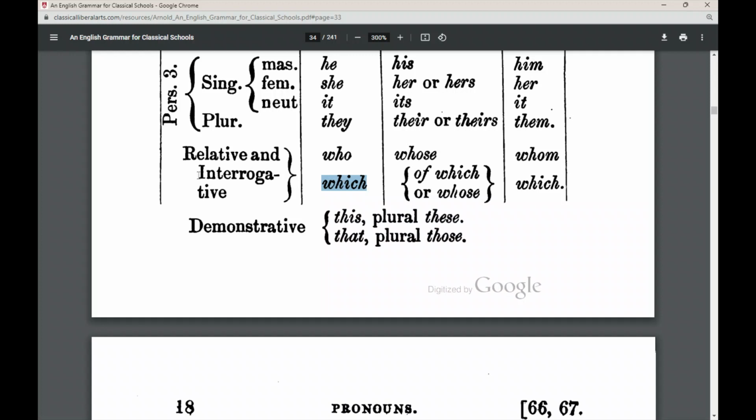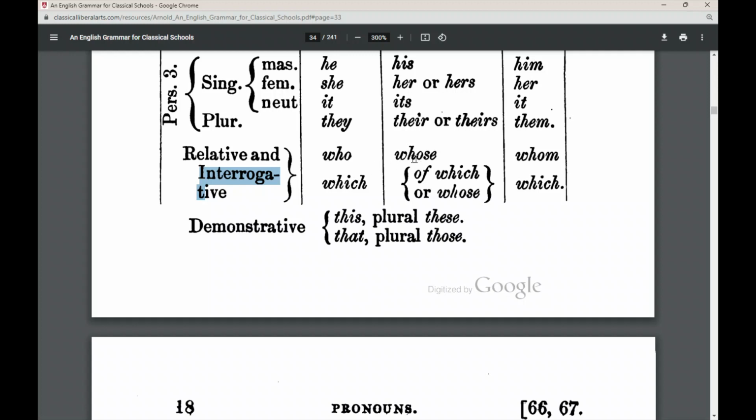And interrogative means asking a question. And so these words would be used with a question mark to ask a question, like who is there? Or which would you like? These are interrogative pronouns, pronouns used to ask a question.